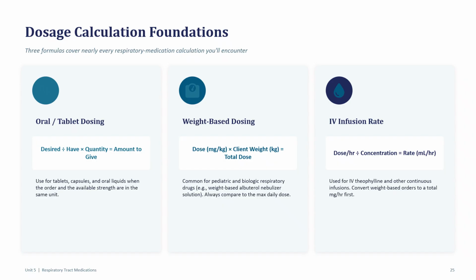Remember that narrow therapeutic window that we discussed. That's exactly why IV theophylline dosing has to be precise, and why you convert a weight-based order into a total dose per hour before you even get to the rate calculation.